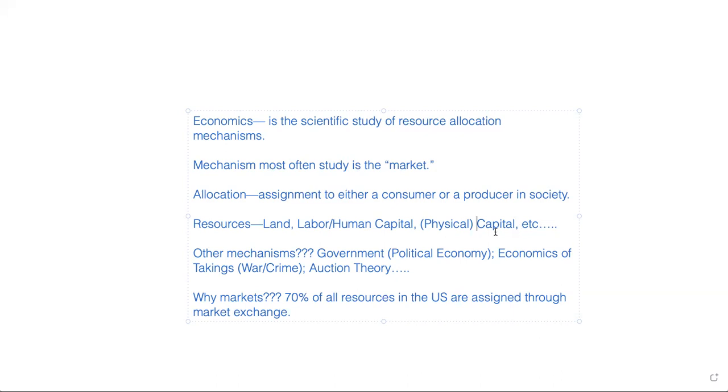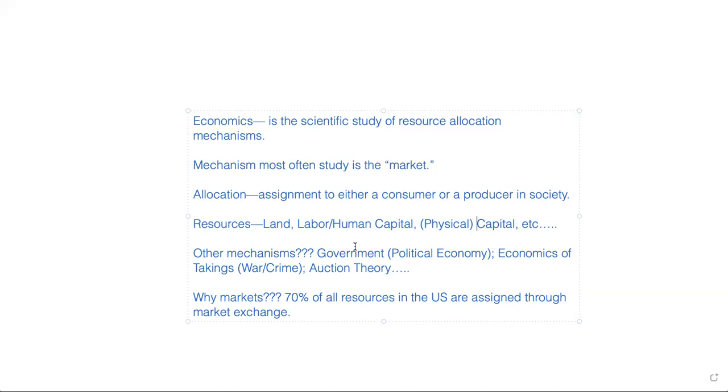It's actually all the stuff that you combine with labor, other than the knowledge, to make labor more productive. So like a house, it provides housing service on land. It's a building. That's physical capital.